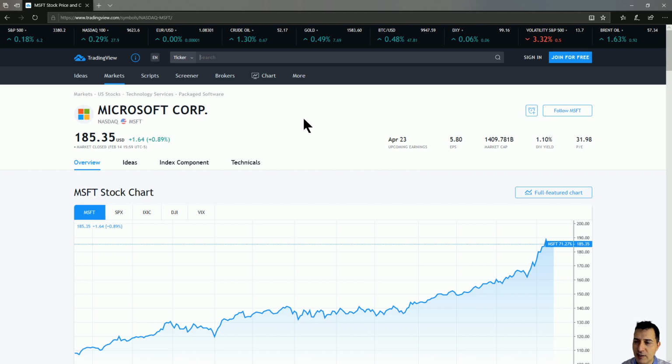So really the best way, before I get deeper into the chart section, which is of course the most important one, before getting into using TradingView, the best thing you could do is to get yourself a username.